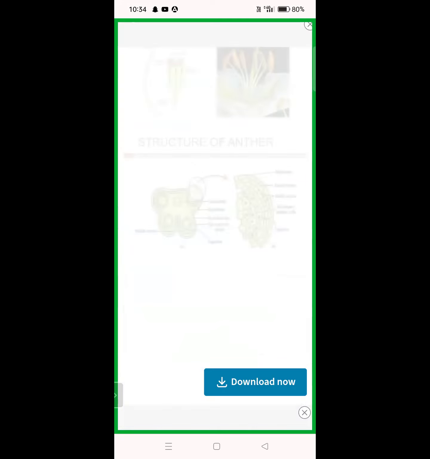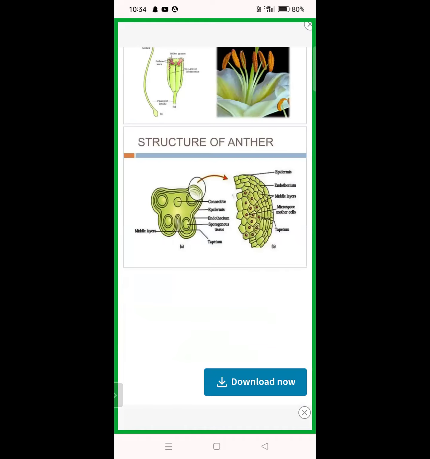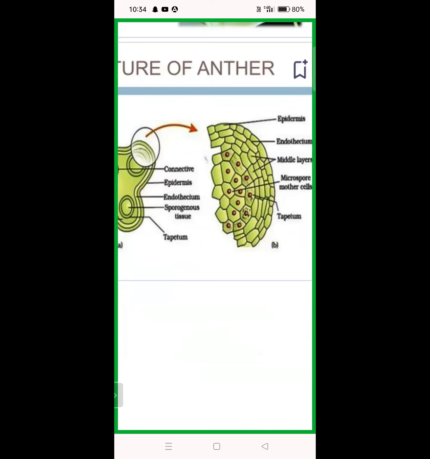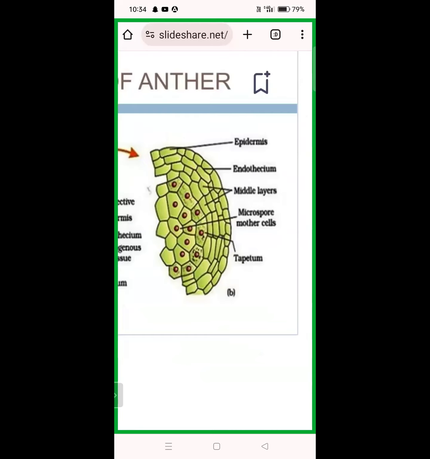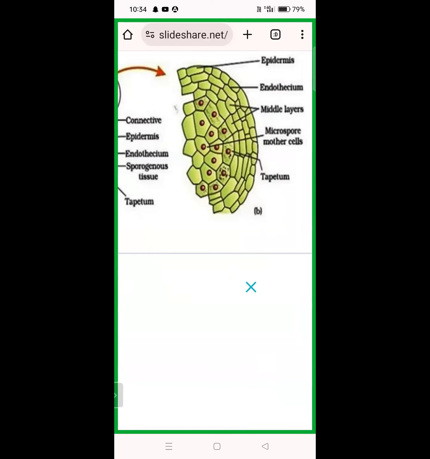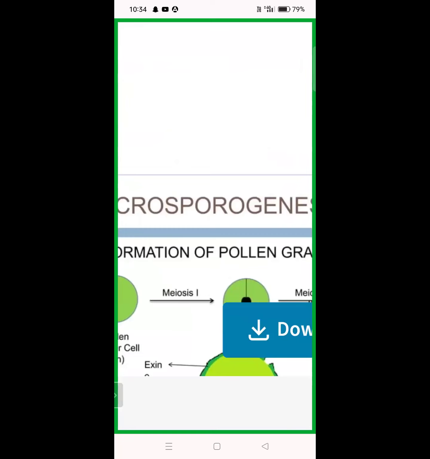These nuclei get arranged into an embryo sac-like structure. That is a pollen embryo sac, which we will discuss later. See here, this is the formation of pollen and how it goes on.